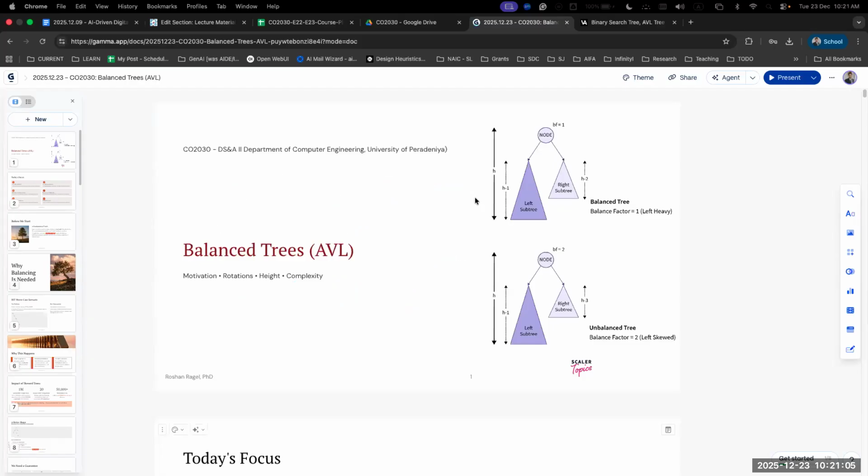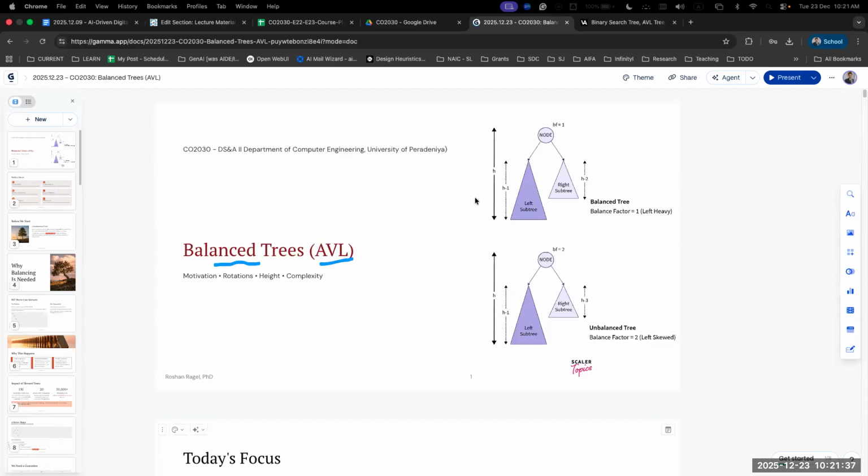The balanced tree we are going to discuss today is called the AVL tree. AVL is actually the name of two people; I'll come to that a little while later. This is the first balanced binary search tree that was proposed in the literature, because without the balancing factor, the binary search tree becomes almost useless.